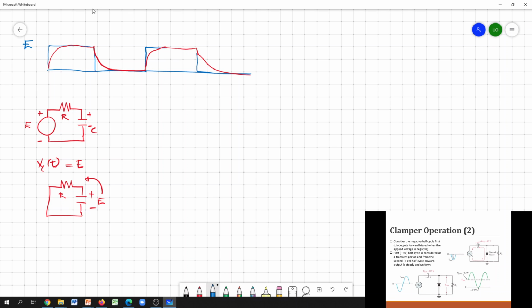So we found that during this block we have the charging process. During this block we have the discharging process. Again charging, discharging.